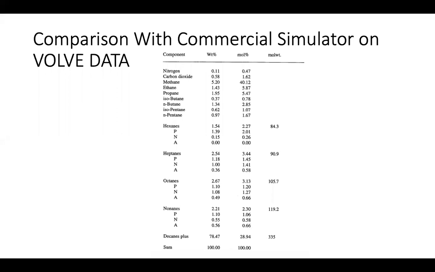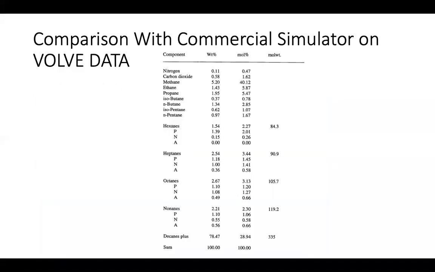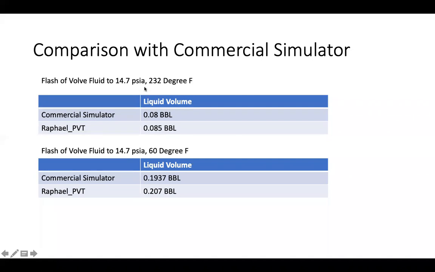And I compared it with a commercial simulator. So let's compare the results. The easiest thing that I did was just flash the fluid on this page to 14.7 psi and 232 degrees Fahrenheit. Okay, and the commercial simulator gives me 0.08 barrels of liquid.